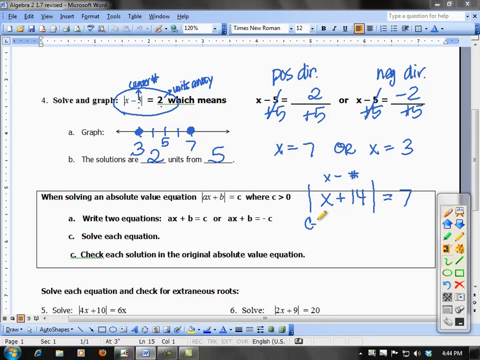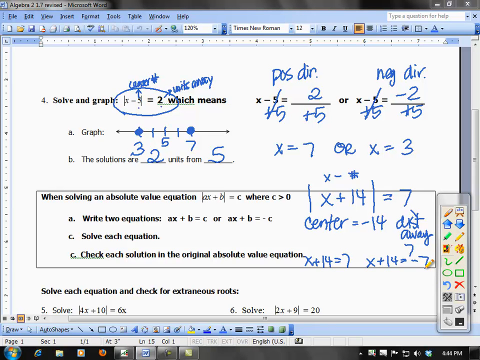So as we go through, the center will be at negative 14, and my distance away is 7 in both directions. So the two equations I would use are x plus 14 equals 7 and x plus 14 equals negative 7 to account for both directions. This is the idea of what we're doing.